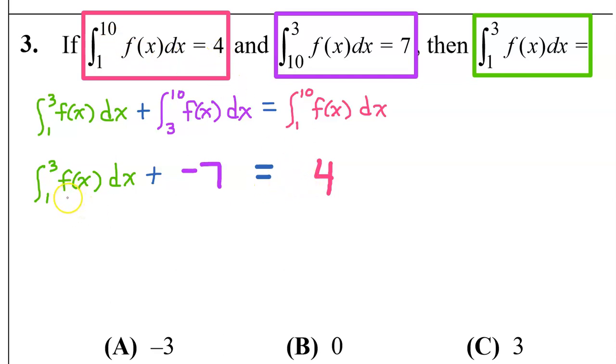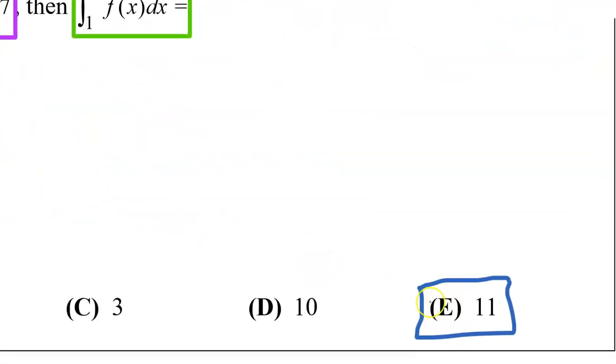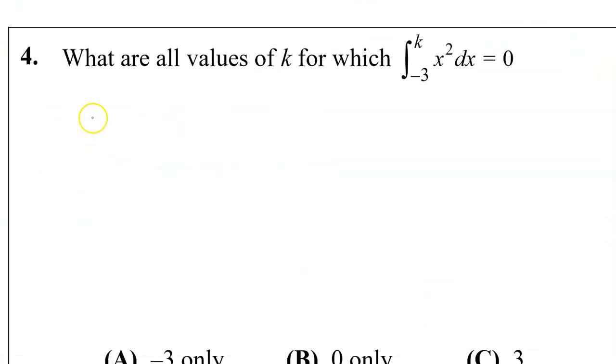In order to get the integral from 1 to 3 by itself, we will add 7 to both sides. So we have the integral of f of x from 1 to 3 is equal to 11. And that is E.